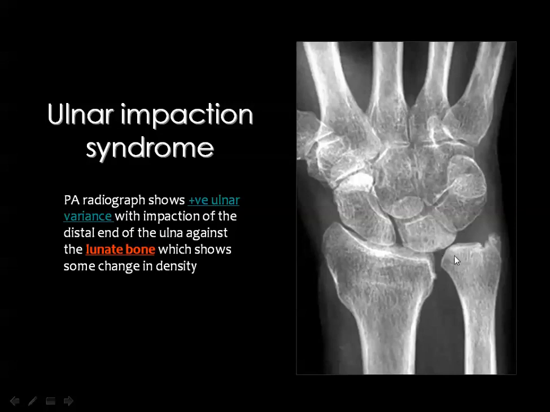Then, positive ulnar variance may result in tear or degeneration of the triangular fibrocartilage, and also degenerative changes in the facing portion of the lunate bone. If this happens, it will be known as ulnar impaction syndrome or ulnar abutment syndrome.